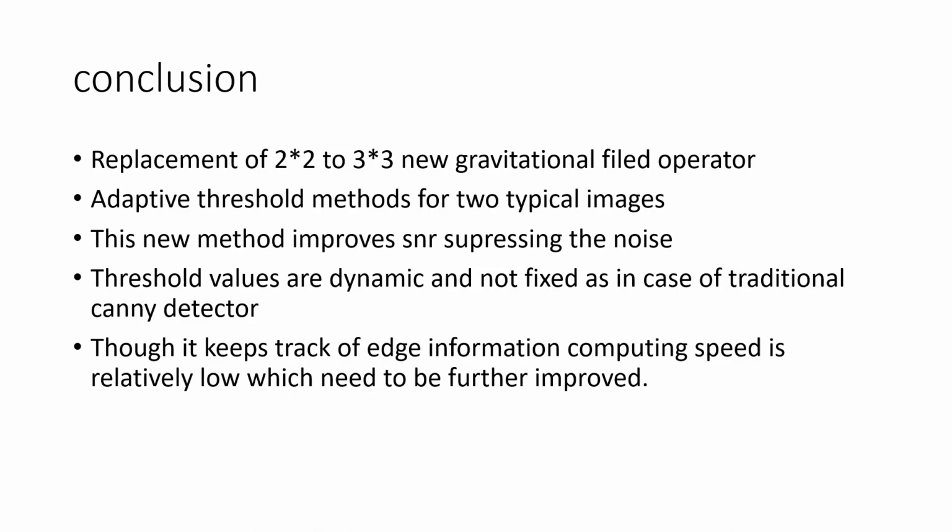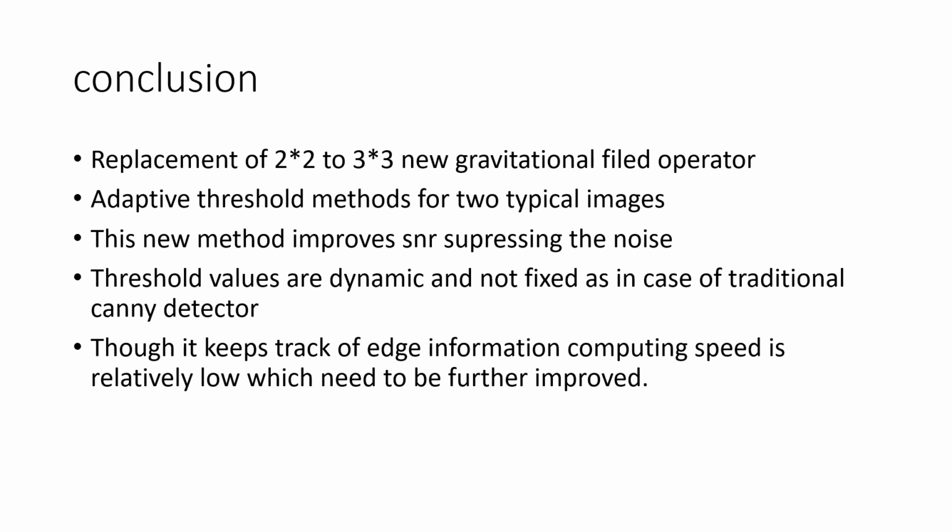And the conclusion for this paper: gravitational field intensity was introduced in this paper to replace the image gradient, and the 2 cross 2 operator was extended to a 3 cross 3 operator. This paper put forward two adaptive double threshold selection methods for two kinds of typical images, those with less edge information and those with high edge information, based on the mean and standard deviation of the image gradient.